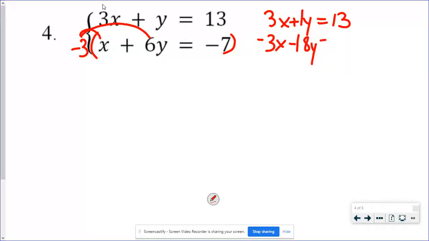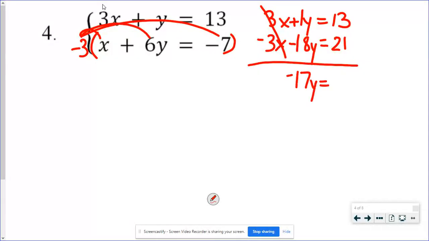That was really a 1y right there. And negative 3 times a negative 7 is a positive 21. So my x's, my wish was granted. They're going to go away. Positive 1y and negative 18y will give me a negative 17y. And when I add 13 plus 21, I'm going to get 34, which divides nicely by negative 17.